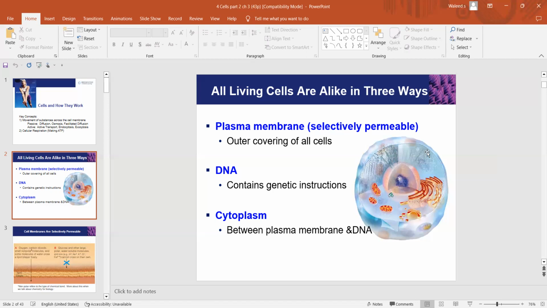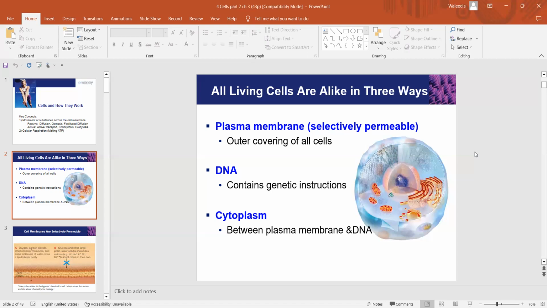So I already said that this membrane is selectively permeable. It's not freely permeable. It's not impermeable. What's impermeable? IM, UN, AN, all these prefixes mean no. So impermeable means no permeability.